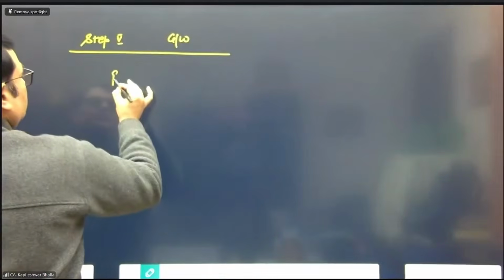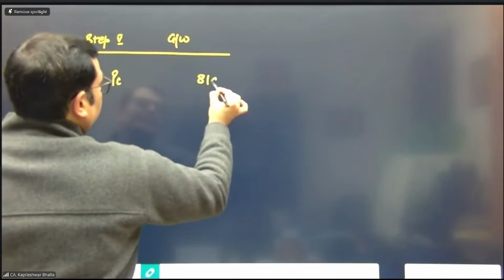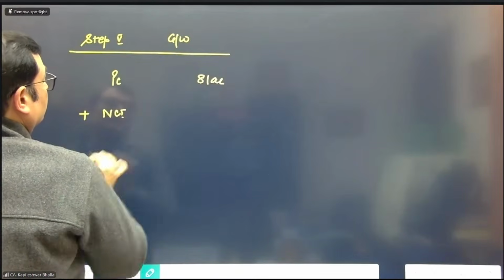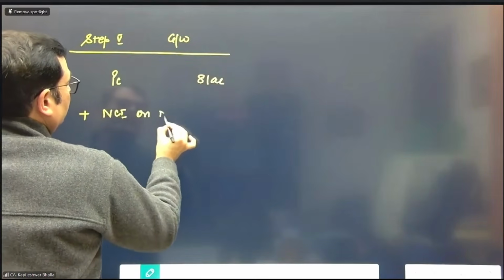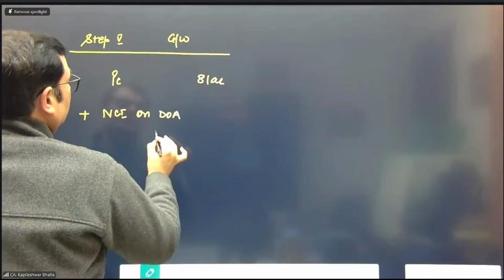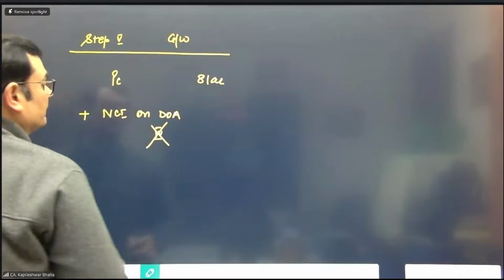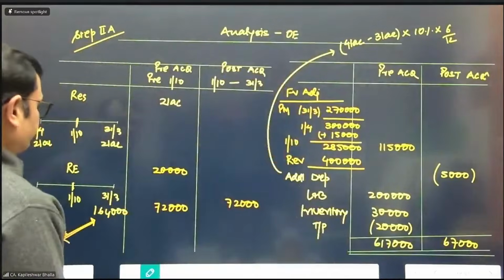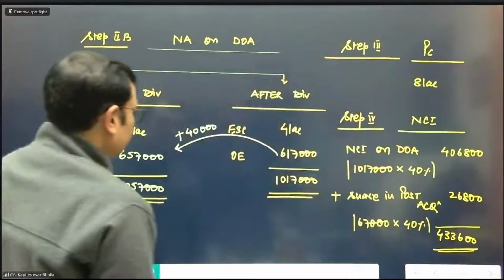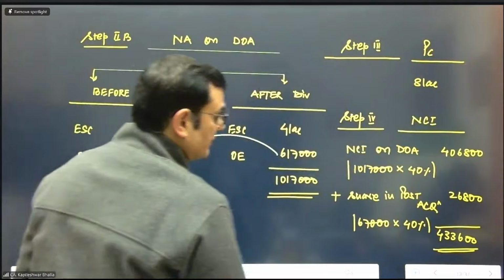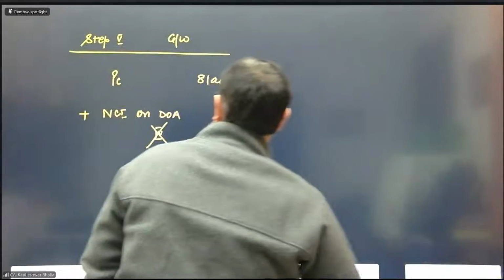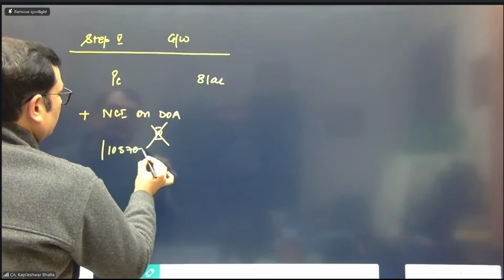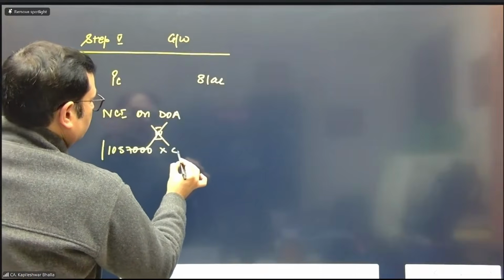So we take the purchase consideration, that is 8 lakh, and we add the NCI on date of acquisition. But just to remember, don't take it from step number 4. So we take the net assets without dividends. The net assets without dividend is 1057. So this is going to be 1057 into 40%.